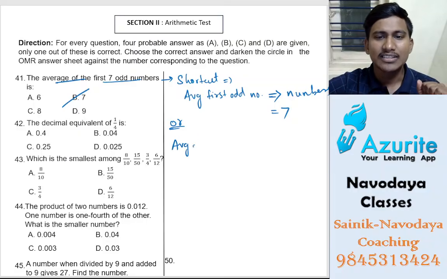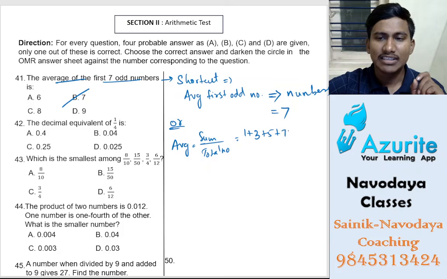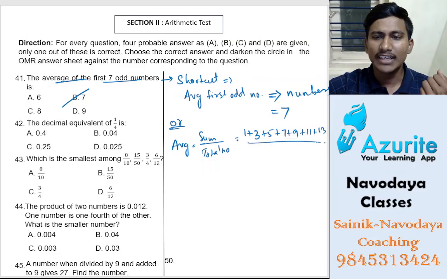You should remember this, or you can do it with the average formula. Average is the sum divided by how many numbers, the total numbers. So the sum of 7 odd numbers: 1 plus 3 plus 5 plus 7 plus 9, these are 5, then 11 plus 13. These are 7, divided by the total 7.